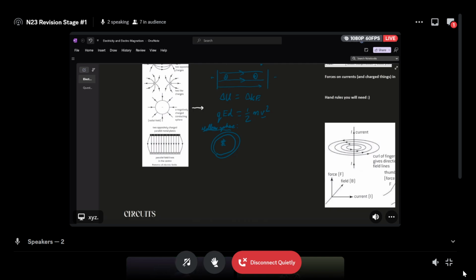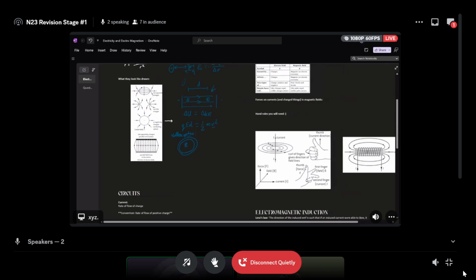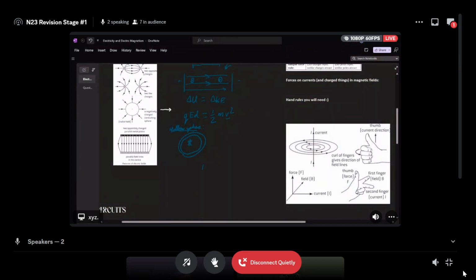Gauss's law states that the electric field produced in some volume is related to the charge that lies within that volume. And if we see in here, there is no charge inside. So being that there's no charge, there will be no electric field inside this hollow sphere.